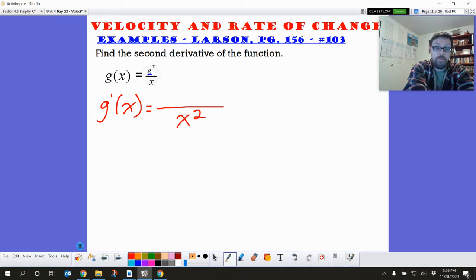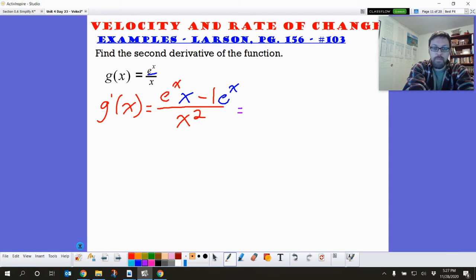So the derivative of the top is still e to the x, times whatever was in the denominator, x. There will always be a minus in between those two. Then we need the derivative of the bottom, which is 1, times what was on top, which is still e to the x, because e to the x is weird.